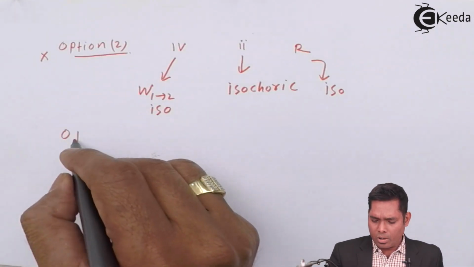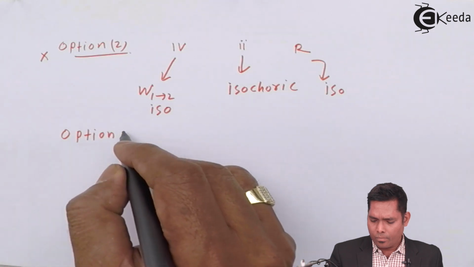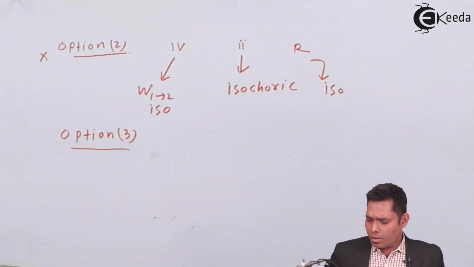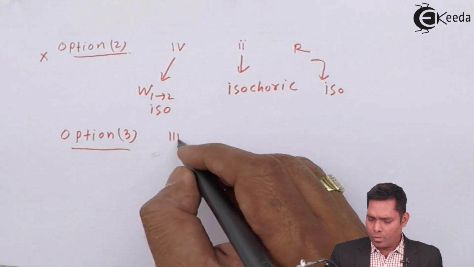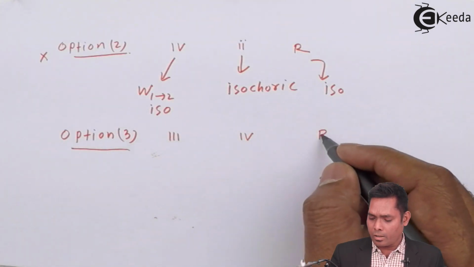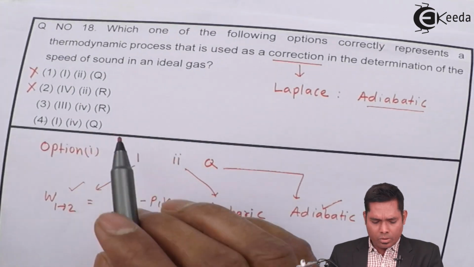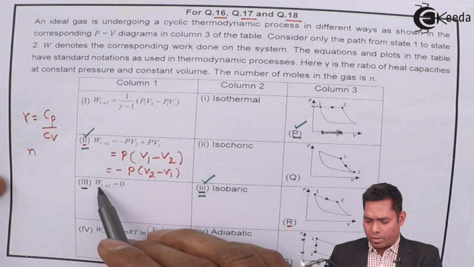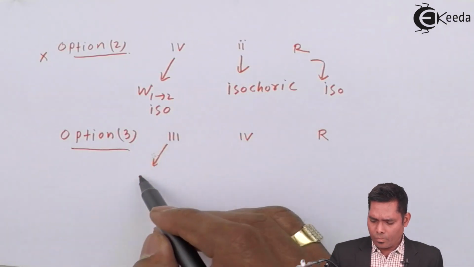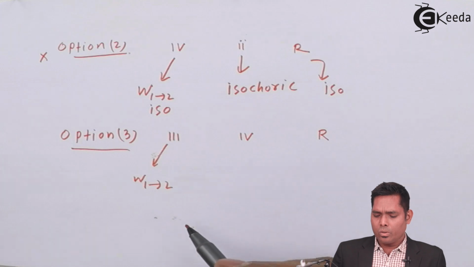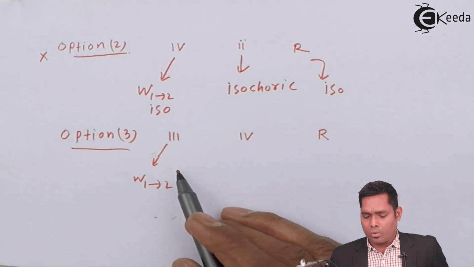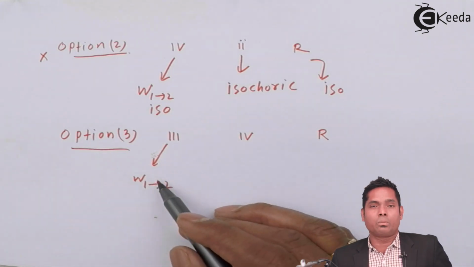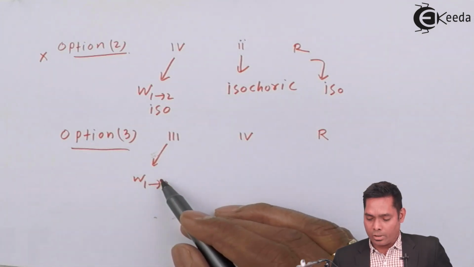Option number 3. Let us think about that: 3, 4 and R. 3 is work done is 0. Work done is 0, so it is a case of a constant volume process, that is an isochoric process.